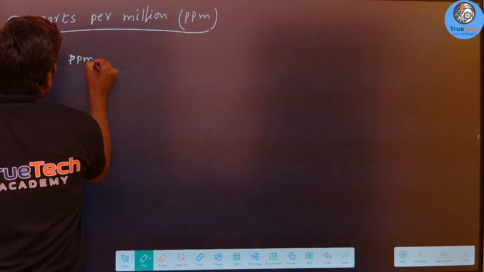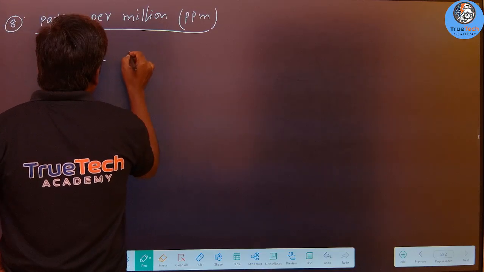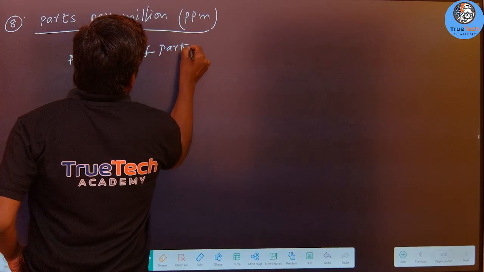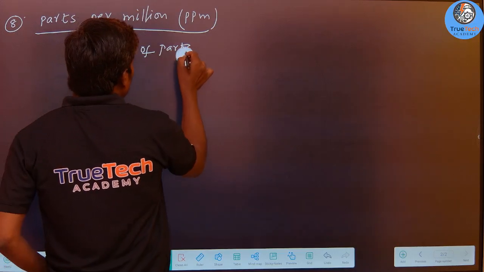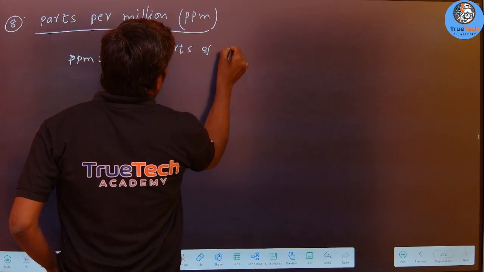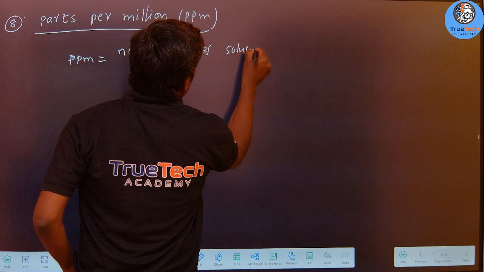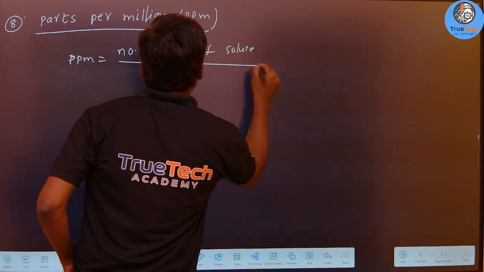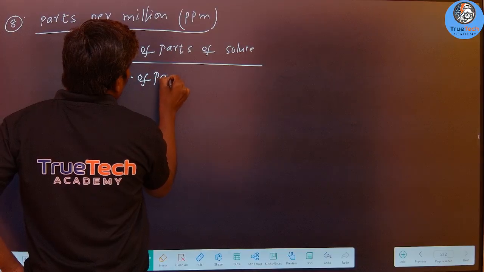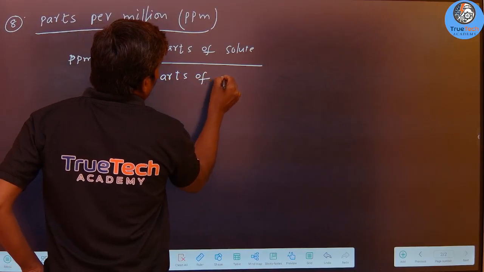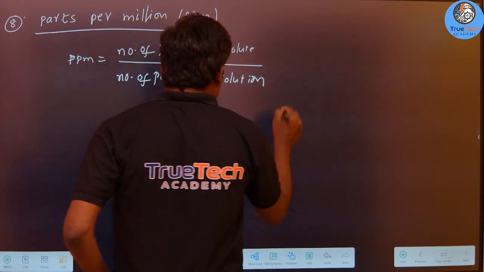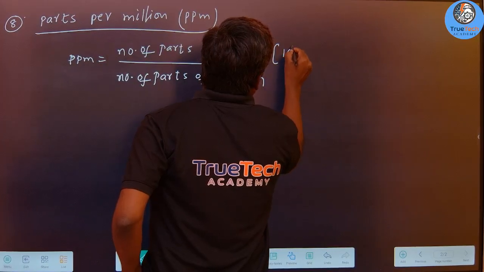ppm equal to number of parts of solute divided by number of parts of solution, into 10 power 6.